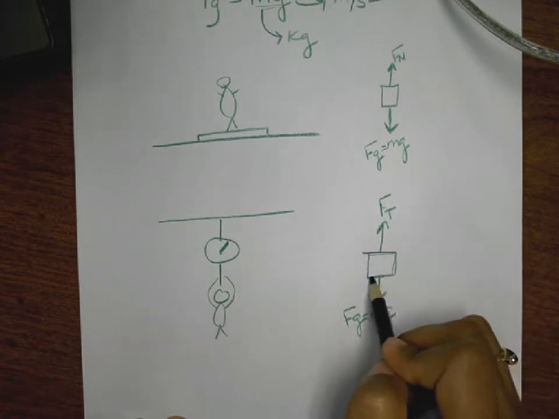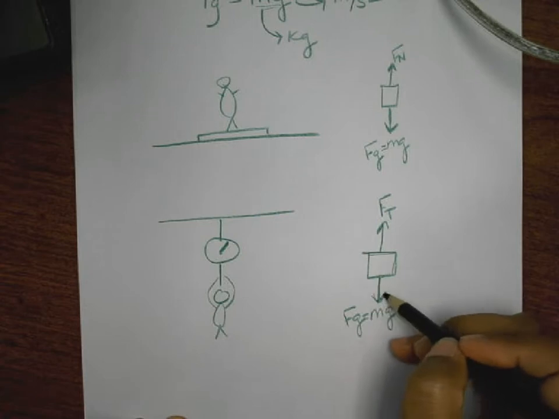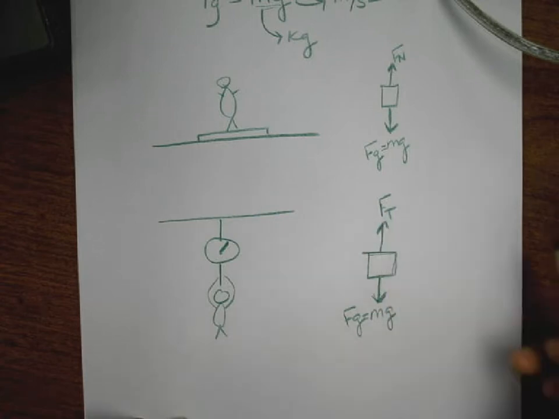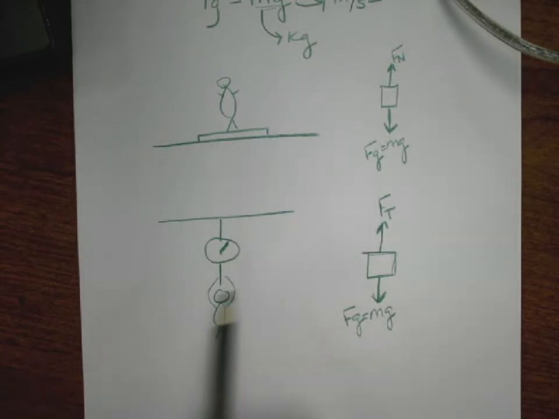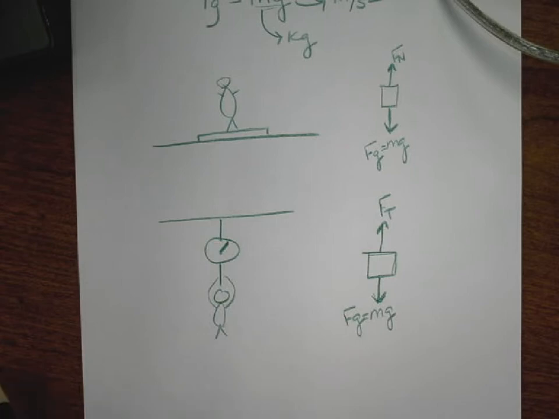If you are not moving, if you're not accelerating at all, then the force of gravity is the same as the tension, and you get how much you weigh this way. So you can get it from the normal force, or you can get it from tension. This is commonly what you see in a grocery store when you're doing vegetables or fruit, and this is the scale that you have in your bathroom.